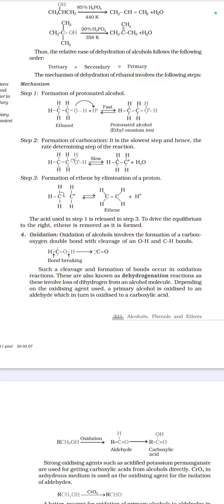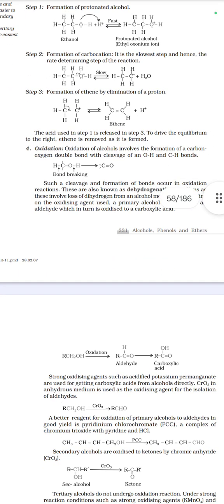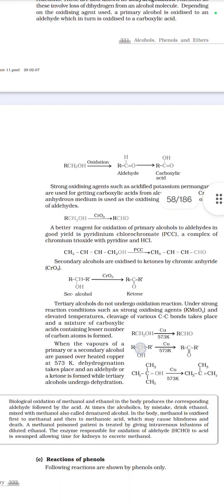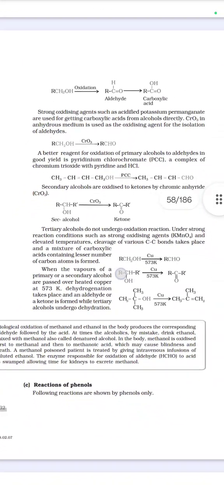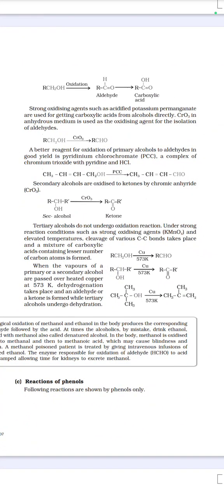Depending on the oxidizing agent used, a primary alcohol is oxidized to an aldehyde, which in turn is oxidized to a carboxylic acid. RCH2OH on oxidation gives an aldehyde, which gives a carboxylic acid.